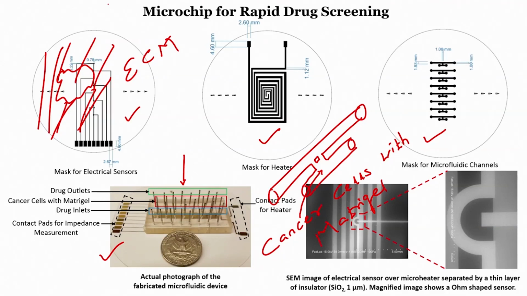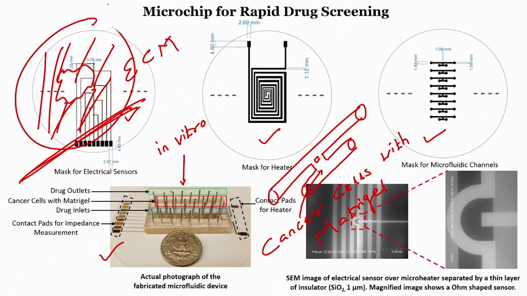So, how can we replicate this in vivo situation, within the body, onto the in vitro platform? This platform is called in vitro. This is what happens within the body, it is called in vivo. Okay.